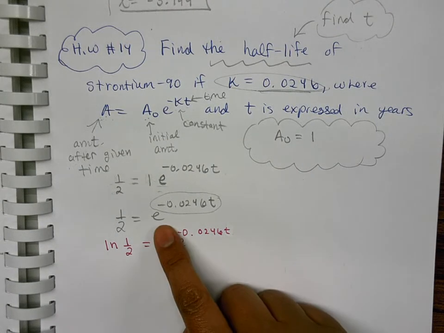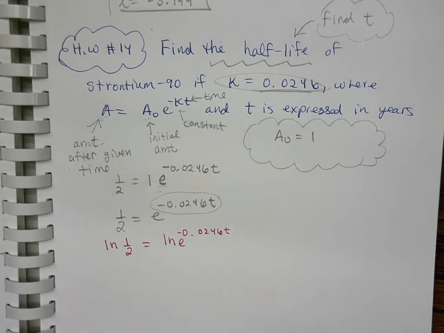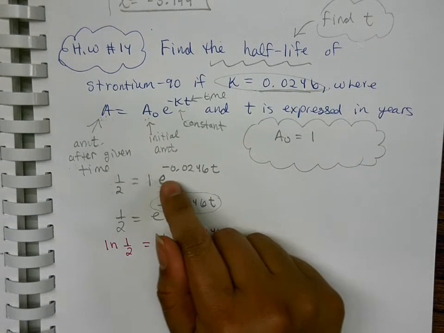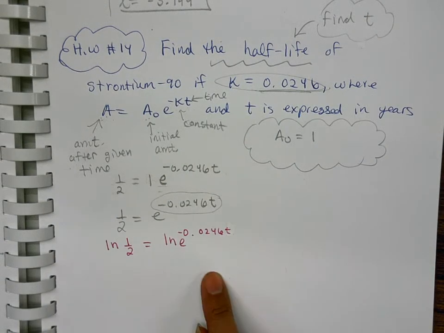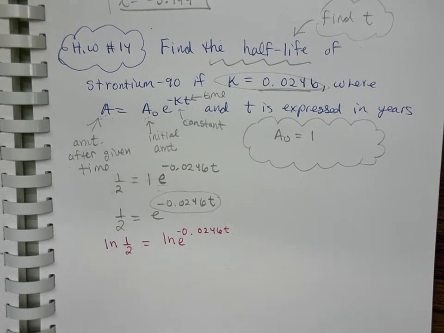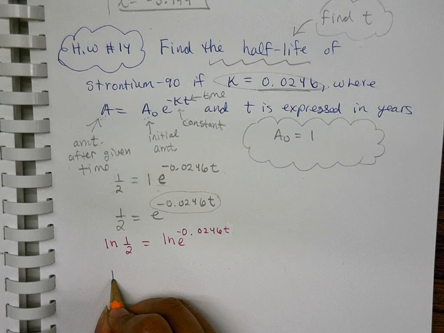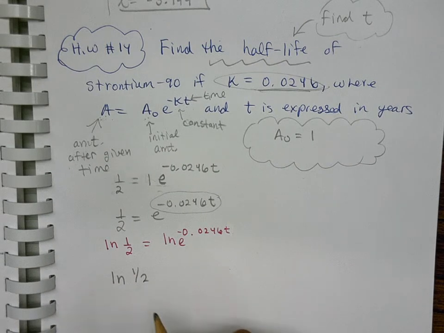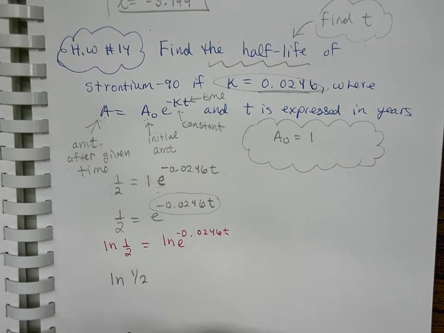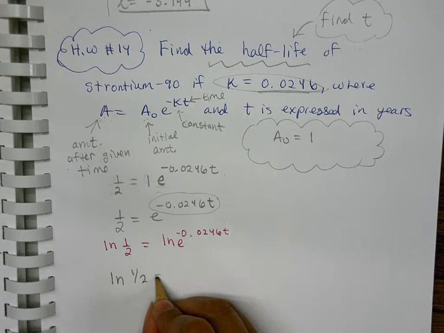All right, I'm taking ln, I said it earlier. If there's ever an e in your problem and you're taking a log of both sides, then use log base e. Log base e is ln. All right, ln of 1/2 is a decimal in my calculator that I will plug in later.